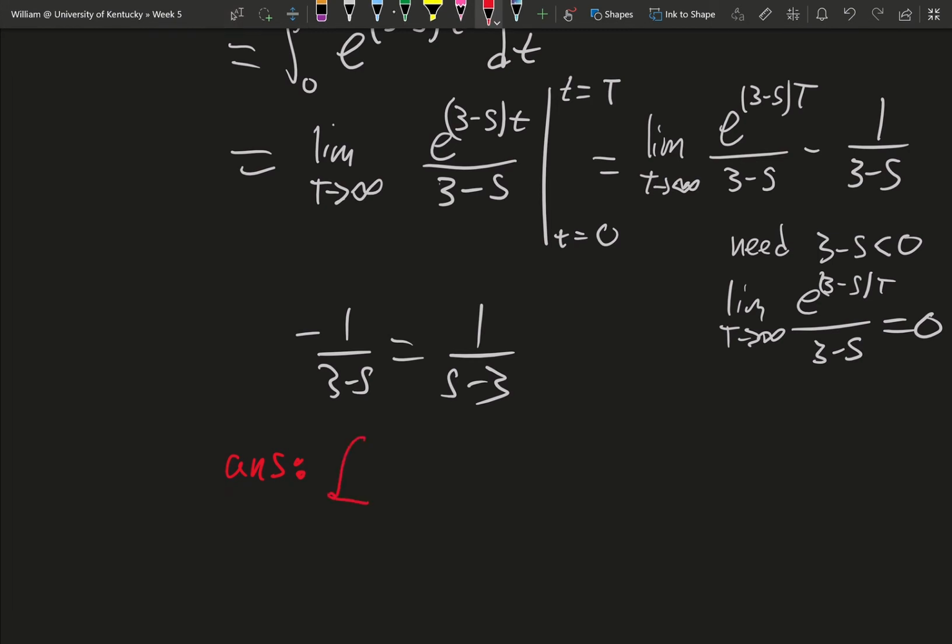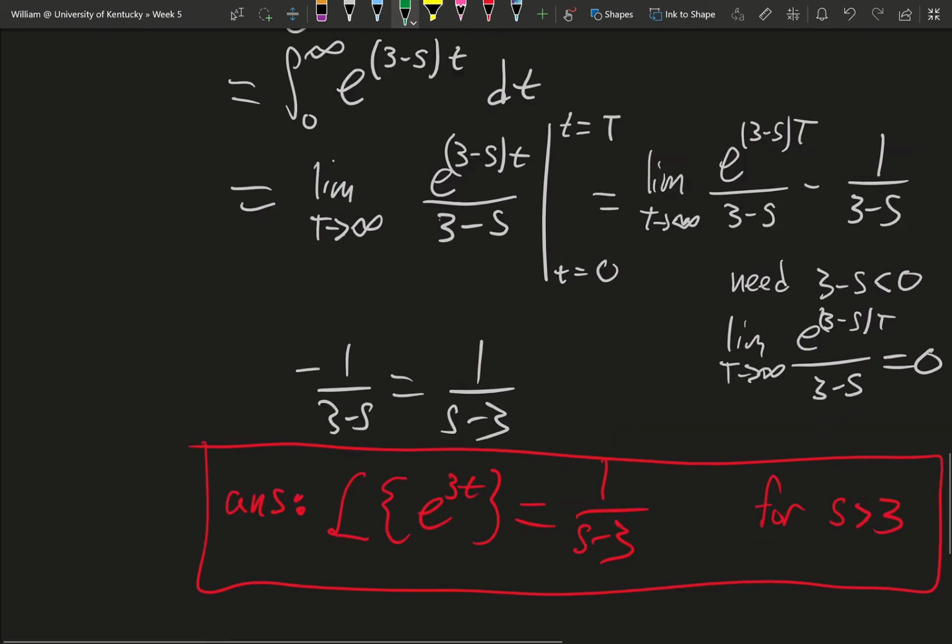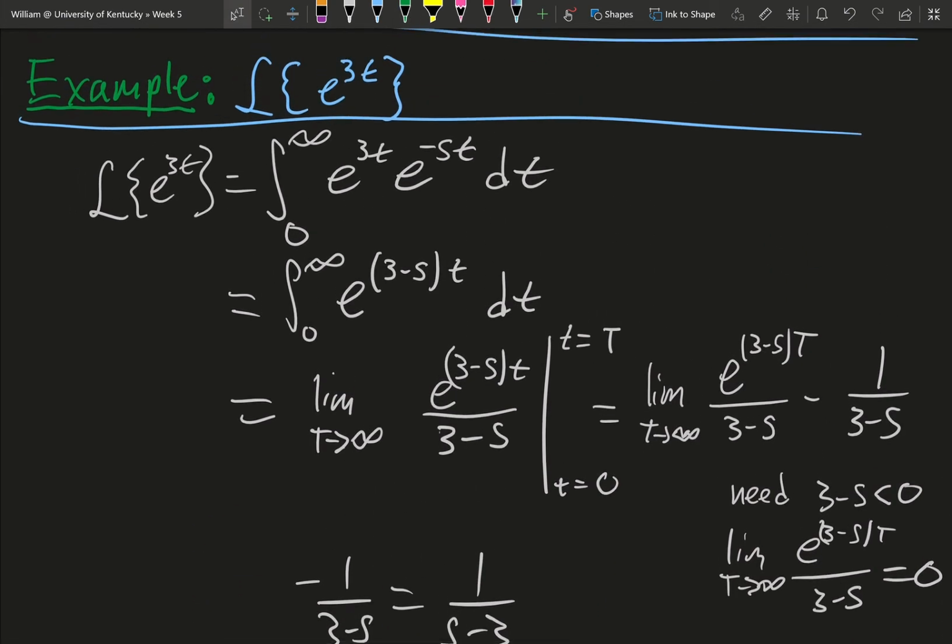So the Laplace transform of e to the 3t is equal to 1 over s minus 3. And we need 3 minus s to be less than 0, which is the same thing as s being greater than 3. So this was pretty straightforward.